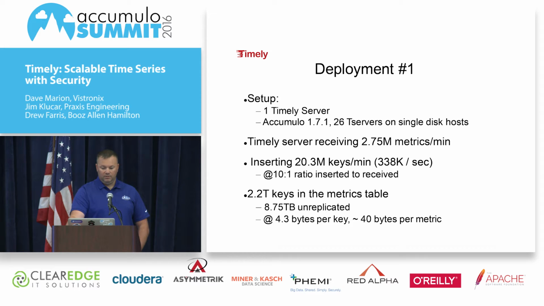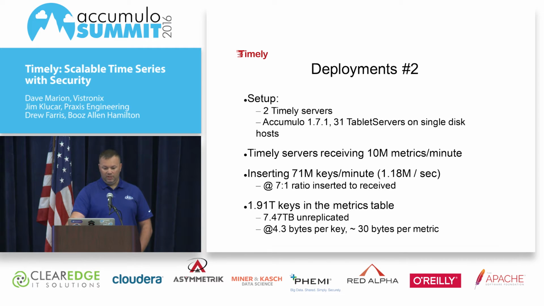And each metric had about 10 tags, so we're inserting about 20 million keys per minute into Accumulo. That's where storing each tag n ways comes in. At the time this was written, we had a little over 2 trillion keys in the metrics table. It was 8.75 terabytes unreplicated, and works out to be about 4.3 bytes per key, or about 40 bytes per metric. So this is where we get the cost savings of the run length encoding and the block compression in Accumulo.